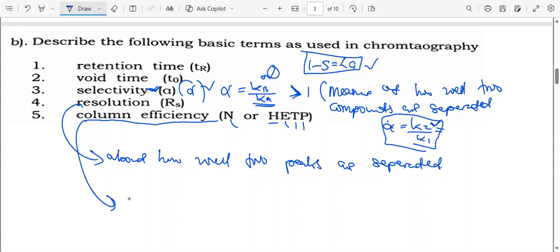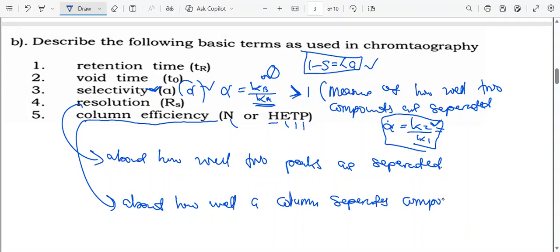Column efficiency measures how well a column separates compounds. It is the ability of a column to separate compounds. That's what we call column efficiency, represented by N.